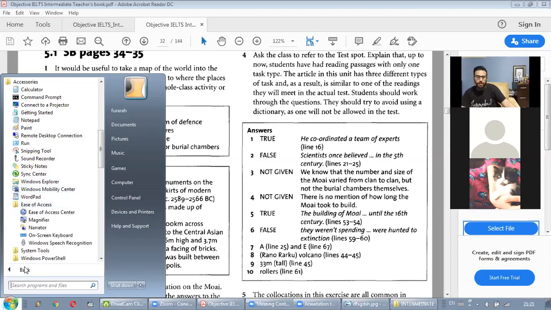Type. Do you see the search box here? Even in Windows 10, you have a search box, right? I didn't know how to use it, so I will try to read in small size.